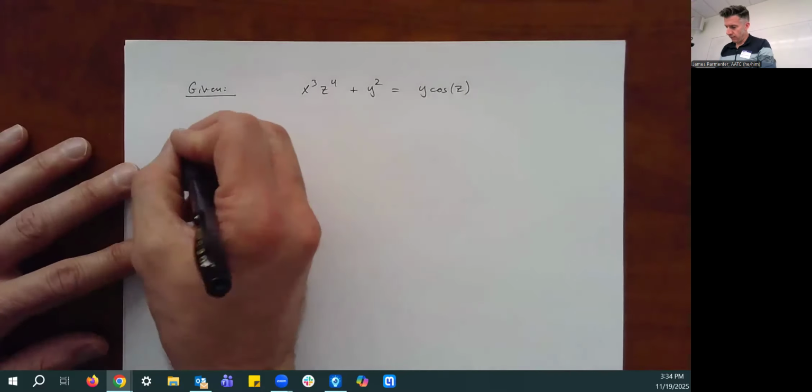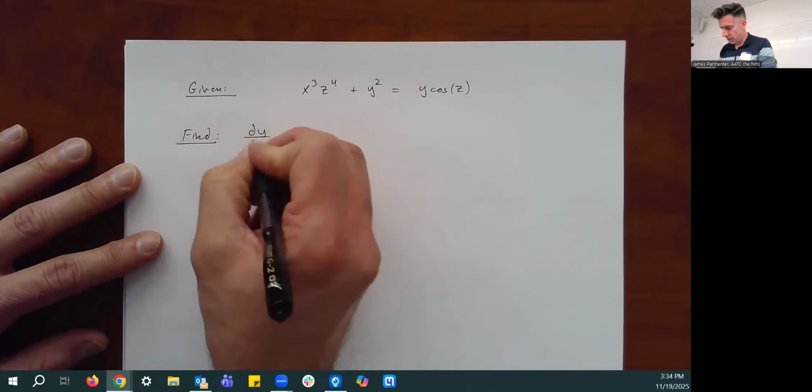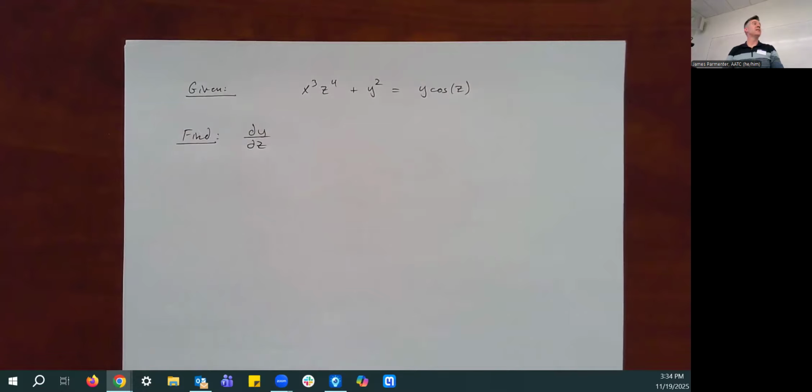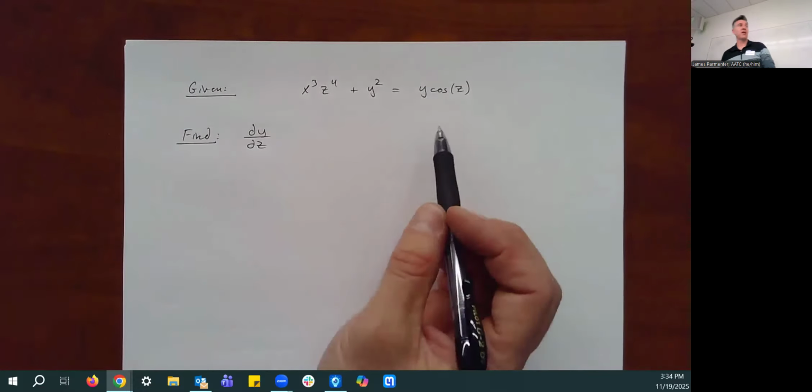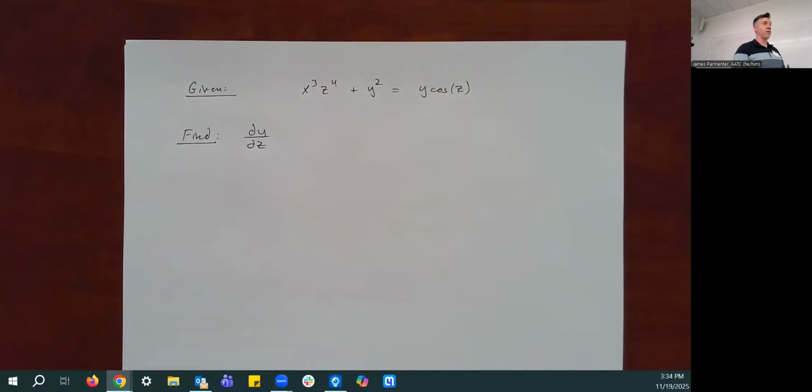And we said find del y del z, and it is a del here, not a d, because if I'm thinking of y as a function of the other variables, there are two other variables. So I'm saying y is a function of x and z, and then I'm asking to take the partial derivative of y with respect to z.